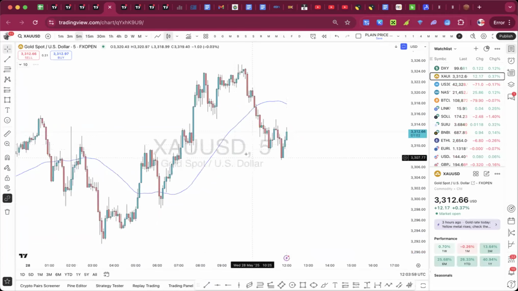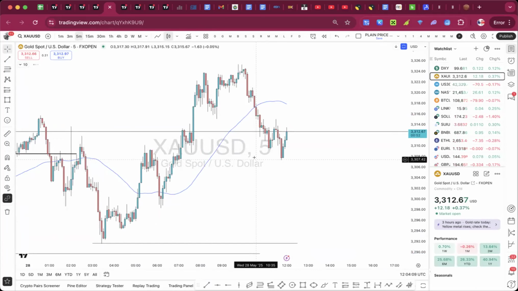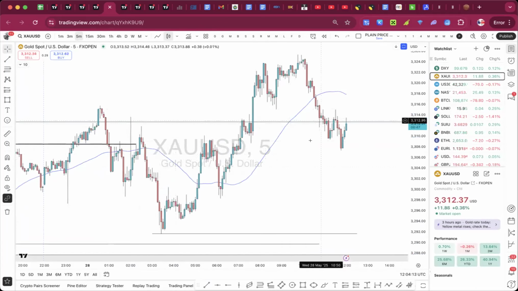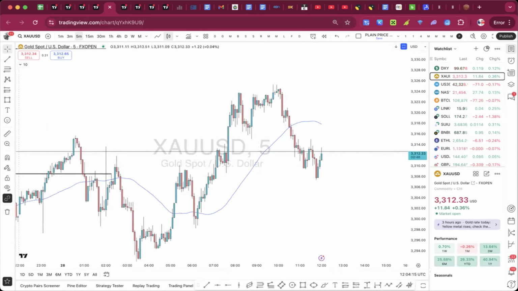Yeah, so this is gold. So gold, of course, I have my marking points. If you look at this, these were some key levels, right? So this is a tentative support. But this one you need to know is that the market actually got resistance.